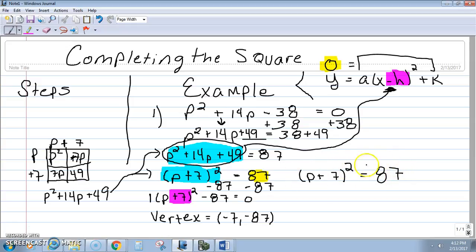What is the inverse of a square? Taking the square root. So if I take the square root of both sides, I have p plus 7 equals, oh, this is going to kill you guys, plus or minus the square root of 87. Why is that plus or minus? Let's do a little review work up here.